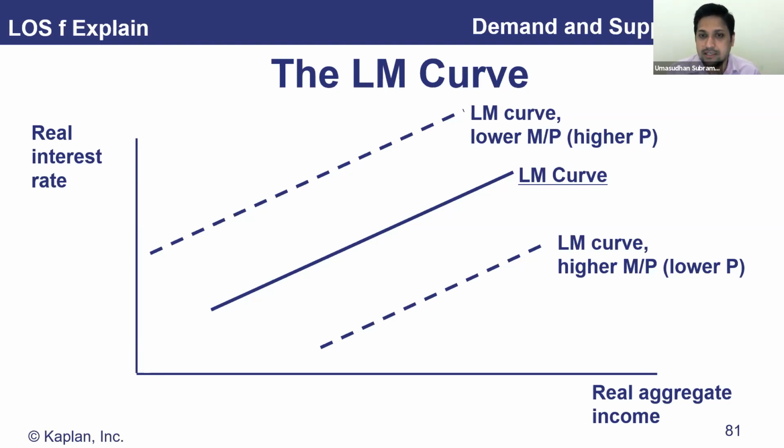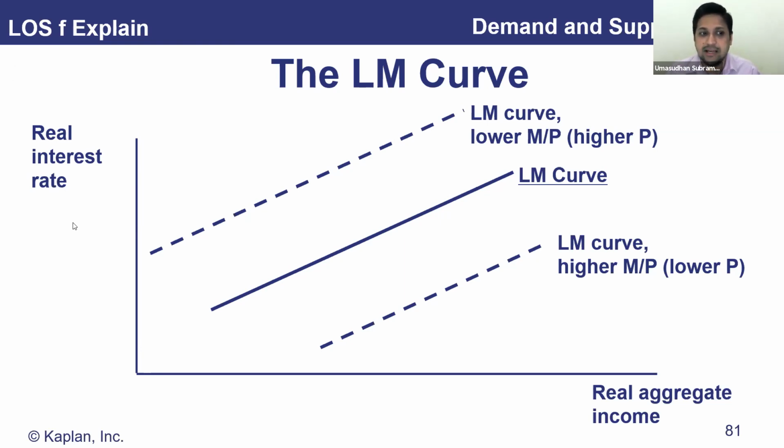And when the interest rates are lower, your aggregate income is less. What does that mean? It is an upward sloping LM curve. So you have a downward sloping goods and services market curve, which we call the IS curve, and you have an upward sloping LM curve. So they work in opposite directions.